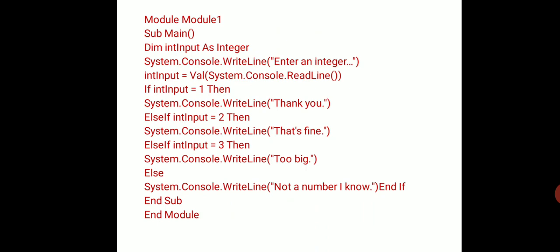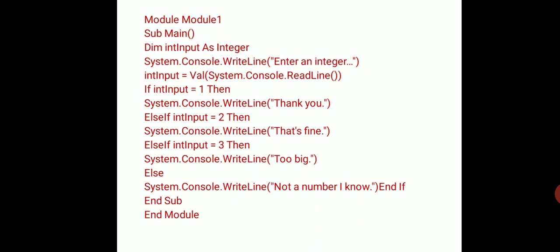And again here, if int input equal to 1, then. Whenever you use if, we should use then. So if the user entered 1, then System.Console.WriteLine "Thank you". It should print the statement thank you.